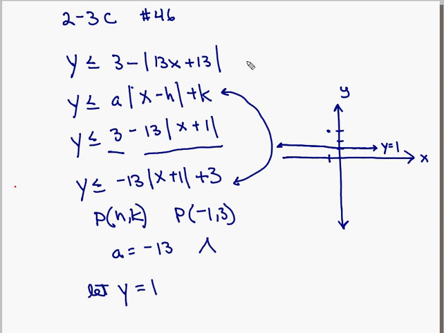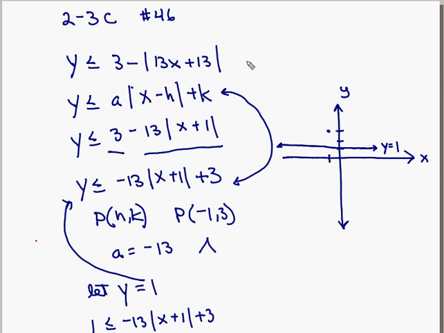So I go 1 less than or equal to negative 13 times the absolute value of x plus 1, plus 3. Okay? So now solve for x. That's basically what you're going to do. And you're going to have two x's that you're going to solve for.